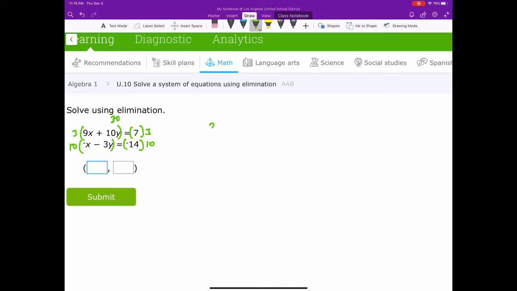3 times 9 is 27x. 3 times 10 is 30y. And 7 times 3 is 21. 10 times negative x is negative 10x. 10 times negative 3 is negative 30y. And this equals negative 140. As you can see now, right there, they both cancel out.